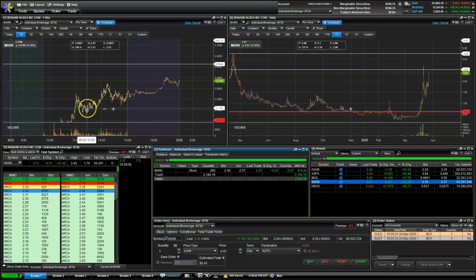So if it comes up here and goes down here and you don't realize former resistance becomes support, and you're down what, 10 cents, a good 5% of your gains of your betting, then you'll freak out and get out. And I've done it before too.